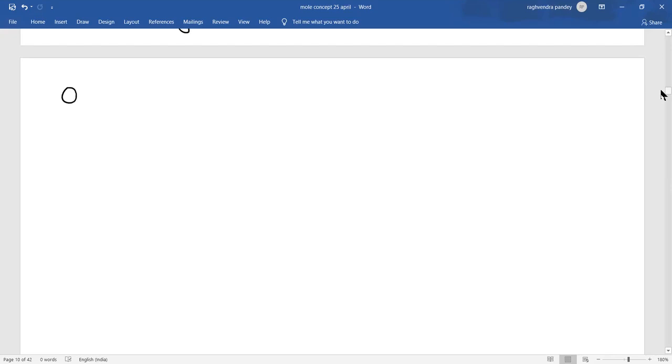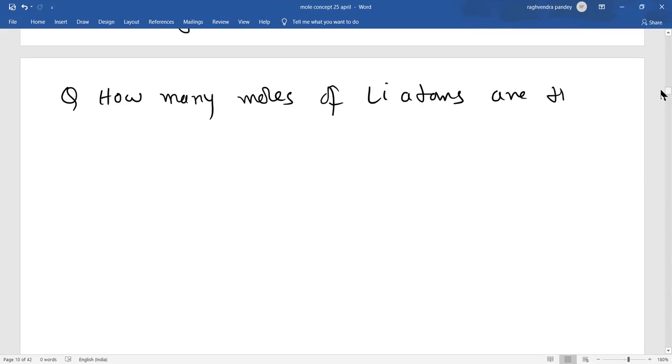Okay, now let's take another question. How many moles of lithium atoms are there if the total mass is 28 grams?